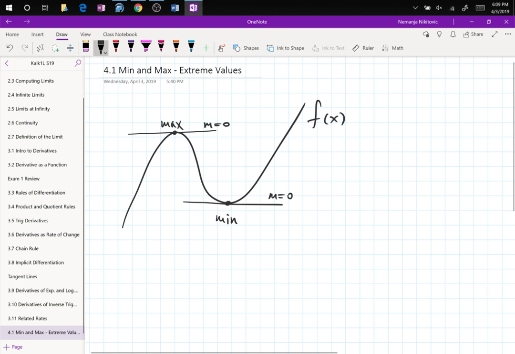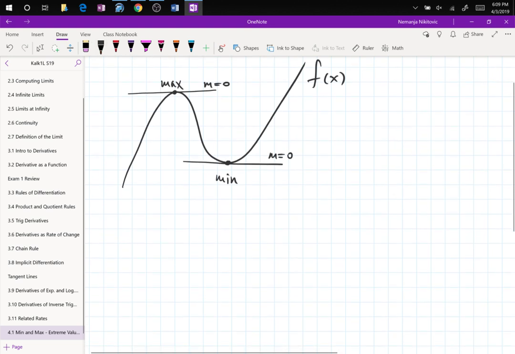So now, when we understand the max and the min and what they have, which is horizontal tangency, we can start categorizing these. So I'm going to draw another one. Note that the second peak is lower.